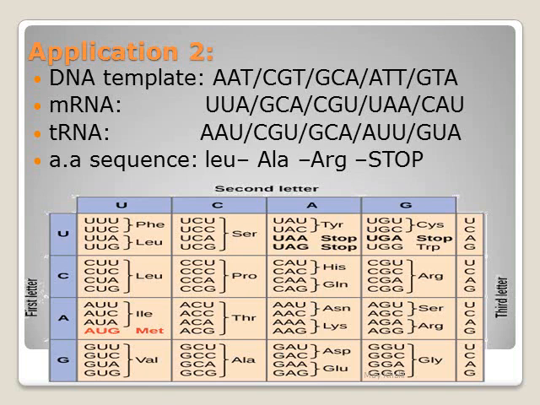Here is another application, in order to know how to terminate or reach the stop codon. As you see here, the messenger RNA is made up of certain codons. The first one is leucine, the second is alanine, the third is arginine. Let's go to UAA.